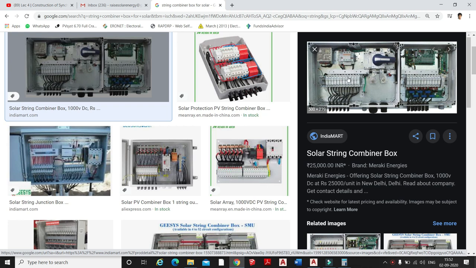We short all the positives at the positive bus bar and all the negatives at the negative bus bar, and this is your isolator switch. All the positives are shorted here and a single positive wire goes to this isolator, and the negative wire is shorted at this point. This is your isolator where we get the two outputs, one positive and one negative.